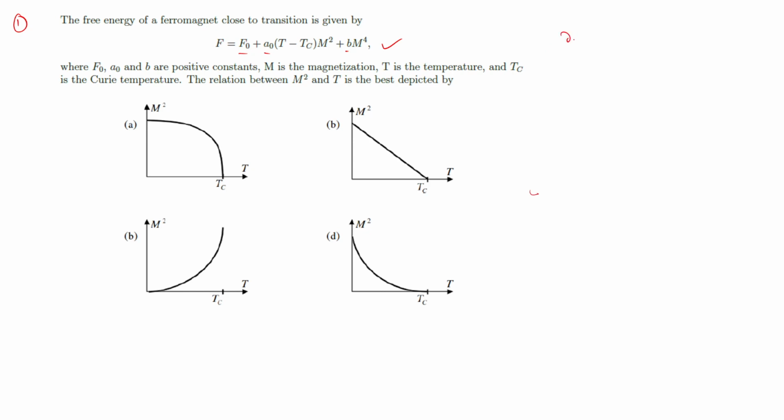Okay, so it is dou F by dou m equal to 0. This is what we need to find.